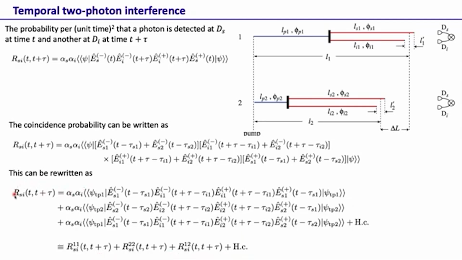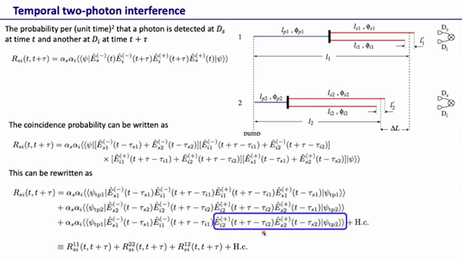Similarly over here, now we are not talking about the intensity, we are talking about the coincidence count rate, and the total coincidence count rate is basically the sum of the coincidences coming from alternative 1 and alternative 2, and then the 2 cross terms. Okay. So now we want to calculate all these quantities. Let's start by calculating this quantity.